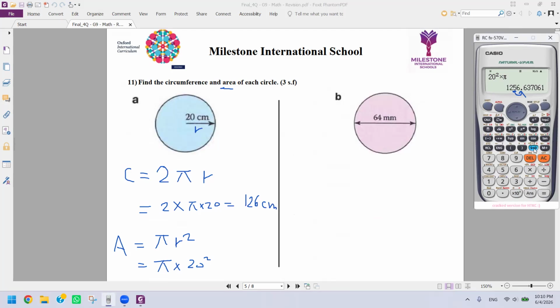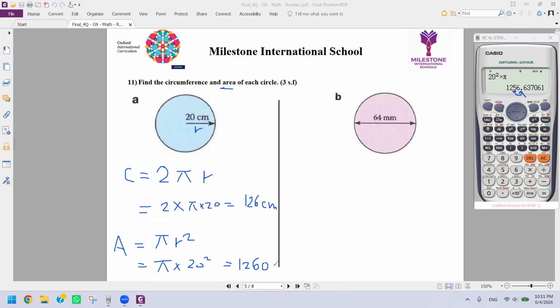Again, it's not in terms of pi, it's three significant figures. So 1, 2, 5, we're looking at the 6, it's round up. So it'd be 1,260. You should put 0 instead of that 6.